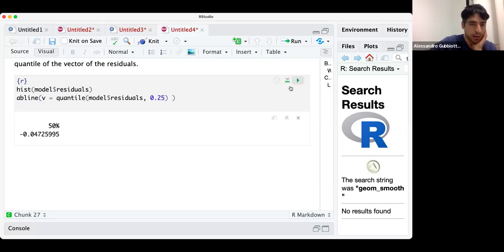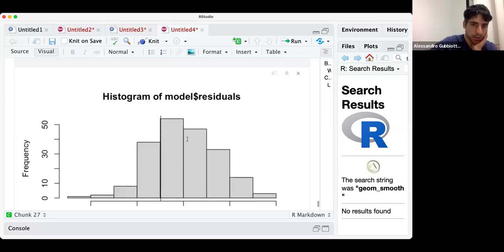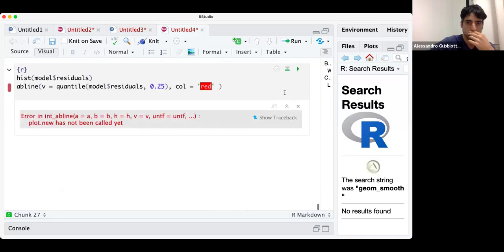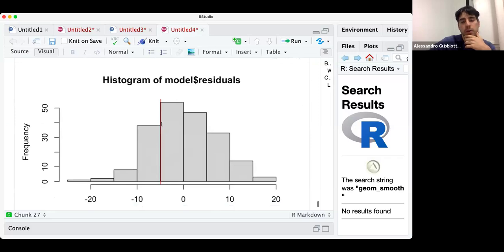So we can see that, okay, color this in red. So on the left of the red line, there is 25% of the vector of the residuals.